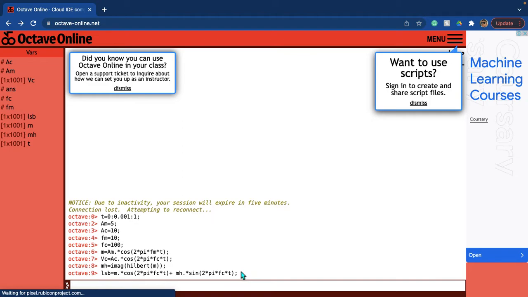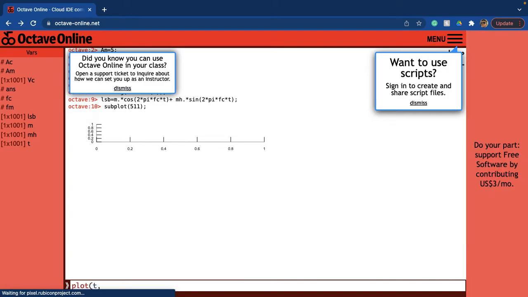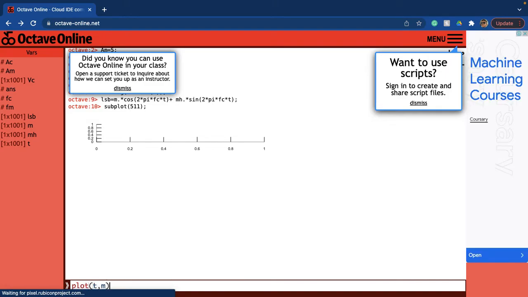Now let's plot them. So I need the command subplot. We'll have 5 figures. Subplot 511, plot. The graph has to be between the time, and let's have the message first.